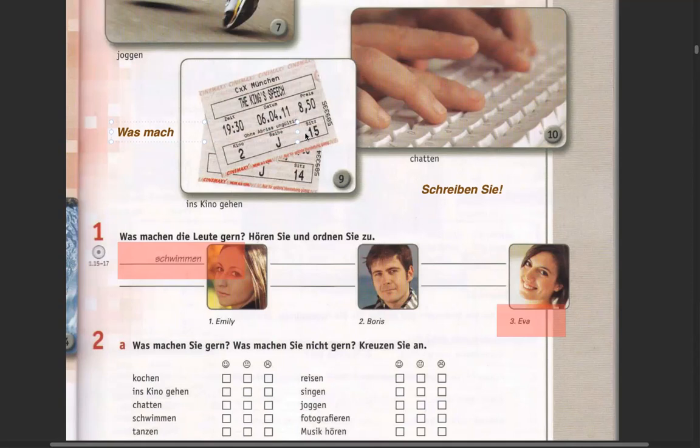Ja, sehr gern. Aber ich reise auch gern. Und dann chatte ich mit den Leuten, die ich auf meinen Reisen getroffen habe. Drei. Hey Eva. Hallo Maja. Du, Eva, was machst du eigentlich gern? Ja, also ich fotografiere sehr gern, zum Beispiel Freunde, Kollegen, Leute. Und am Wochenende tanze ich gern.